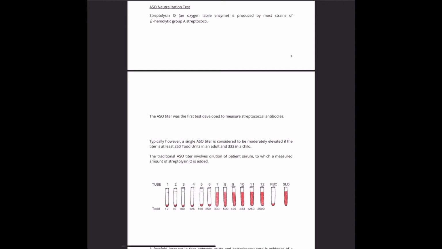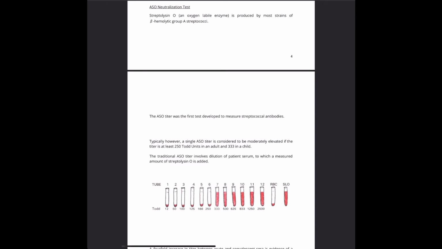The ASO titer was the first test developed to measure streptococcal antibodies, and this test is based on the neutralization of the hemolytic activity of streptolysin O. The range of expected normal values is variable and depends on the patient's age, the geographical location, and the season of the year. Typically, however, a single ASO titer is considered to be moderately elevated if the titer is at least 250 Todd units in an adult and 333 in a child.